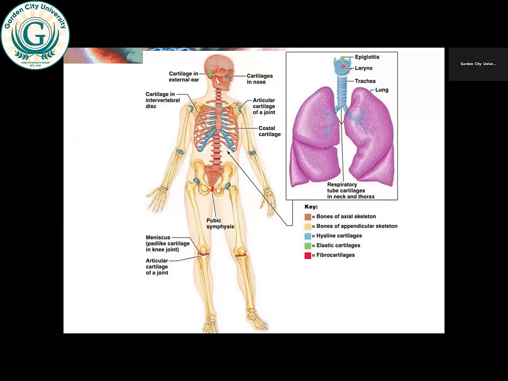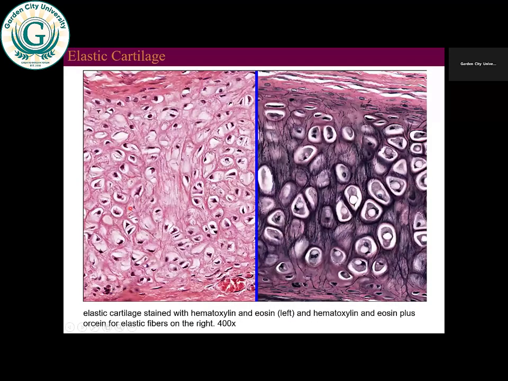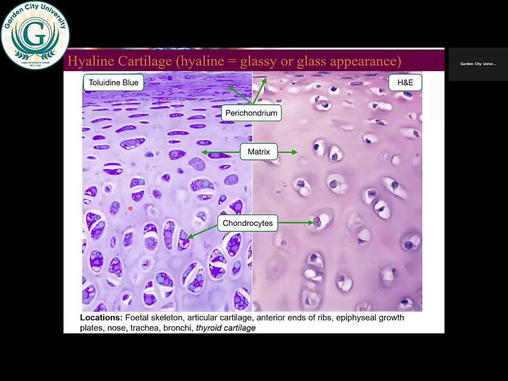Epiglottis, thyroid cartilage, cricoid cartilage, all the cartilages together make up the larynx. So it's not as if you say this one specifically is the thyroid cartilage. The thyroid cartilage is a hyaline cartilage.